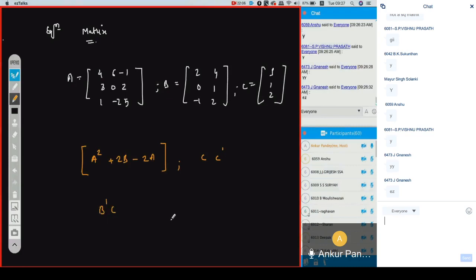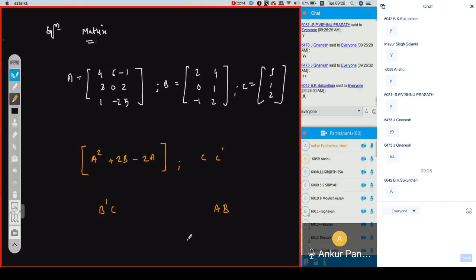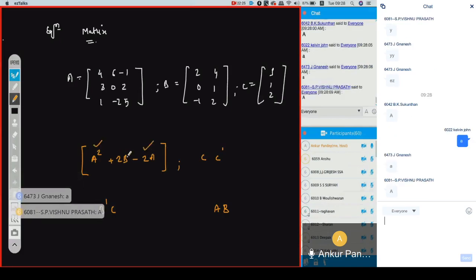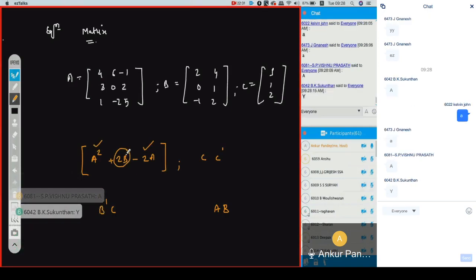B transpose multiplied with C and A into B. Which one is, yeah, exactly, right? This and this is possible, but this won't be possible, right or not? Easy.